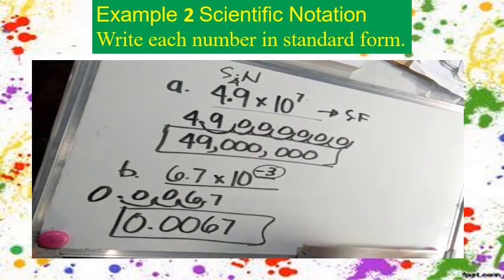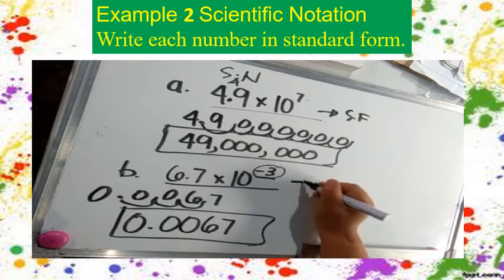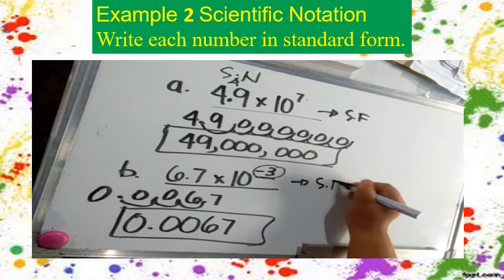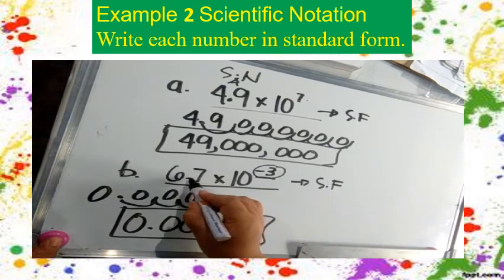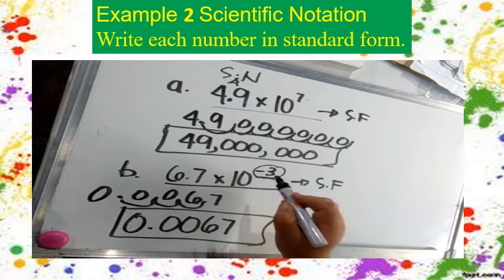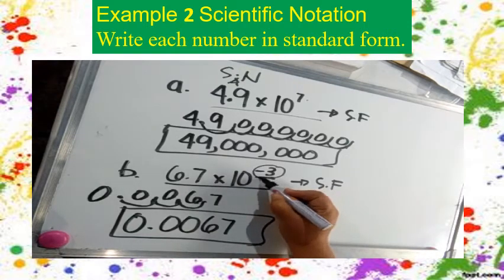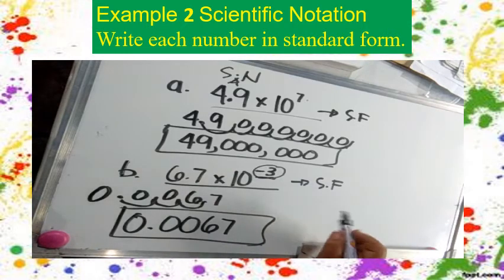Okay, take note. If the exponent is negative and you rewrite it into standard form, as long as the exponent is negative, you are going to move the decimal place to the left side, depending on the value of the exponent. Here it is 3, so you move 3 places.